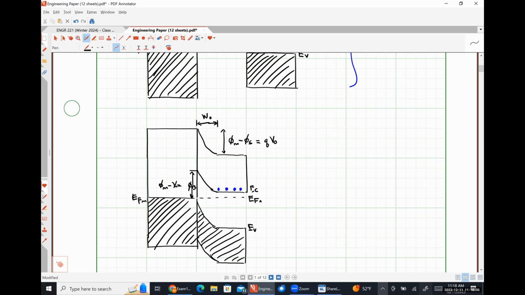So effectively what's happening here is that electrons in the conduction band of the semiconductor material have higher energy than electrons in the metal. So we're going to see electrons from the semiconductor try to move into the metal because there are free energy states down there.